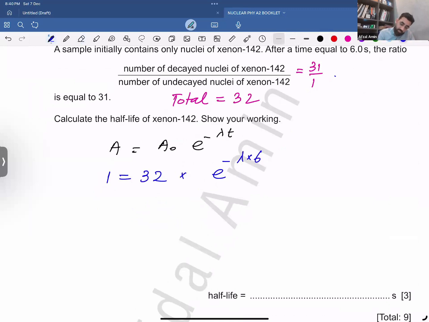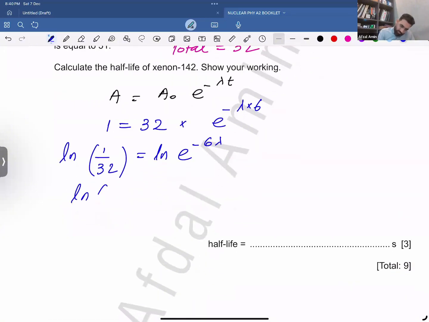So, dear students, 1 over 32 equals e power minus 6 lambda. Take log on both sides. So log 1 over 32 is negative 6 lambda. Give me lambda: log 1 over 32 divided by negative 6. Sorry? 0.5776.